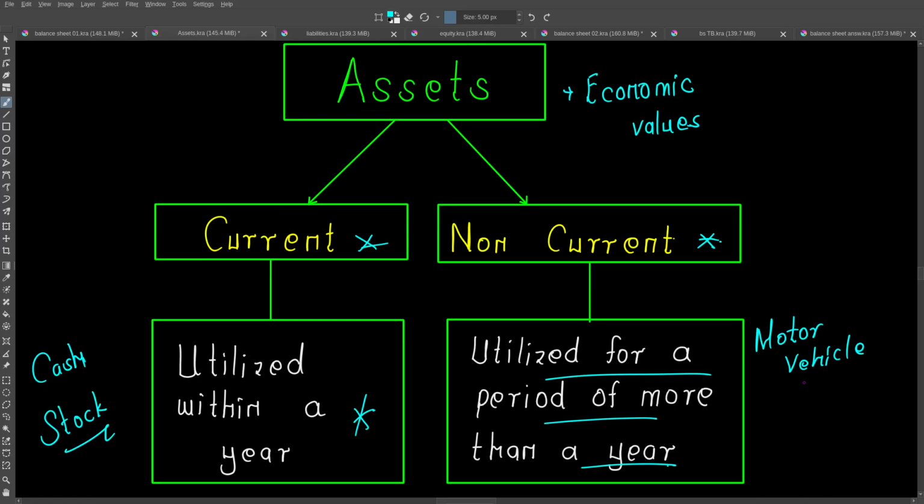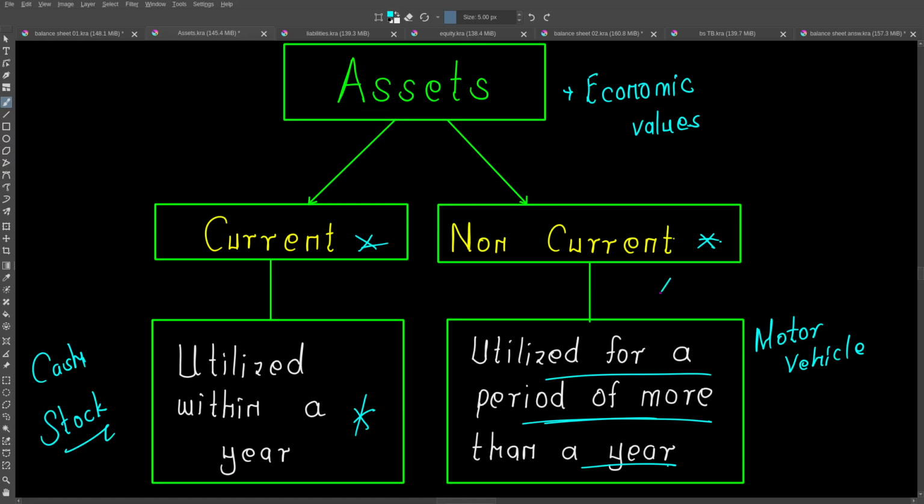Another example is a manufacturing company. They go and buy land, construct a plant, and buy the machinery. You see, these things that they have bought, they are expecting to utilize for a period of more than 1 year. Let's say you go buy a laptop to use in your office, whether it's to be used by the accountant or the HR in the business to support the business.